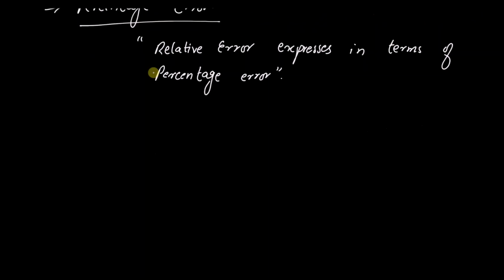The percentage error should be denoted with P.E. That is equal to E A divided by the mod of x multiplied by 100, or we simply say that the percentage error is equal to the relative error multiplied by 100. So you can easily calculate the percentage error. Let's discuss an example.